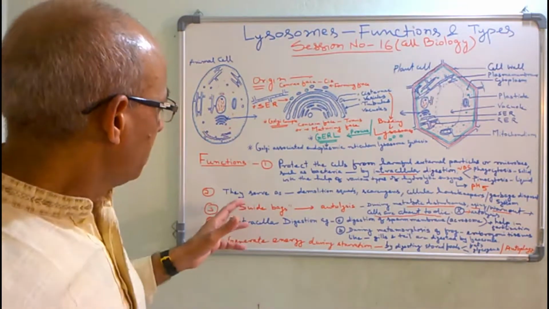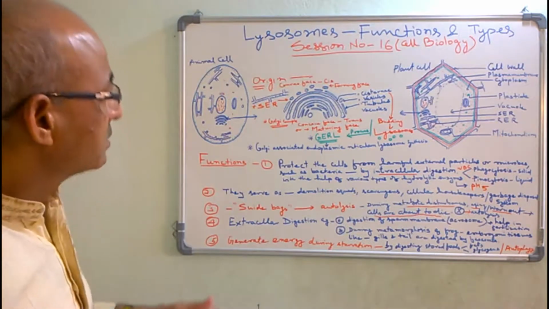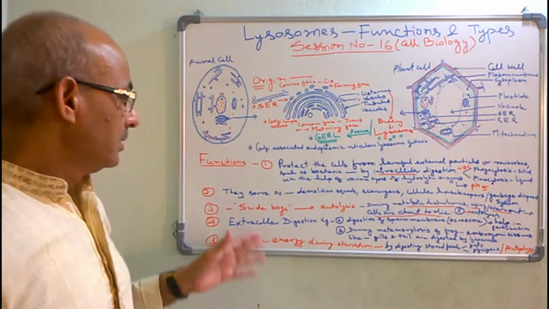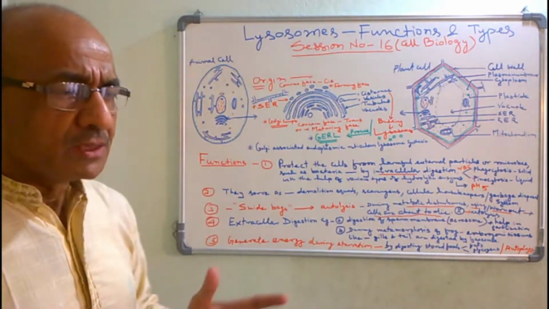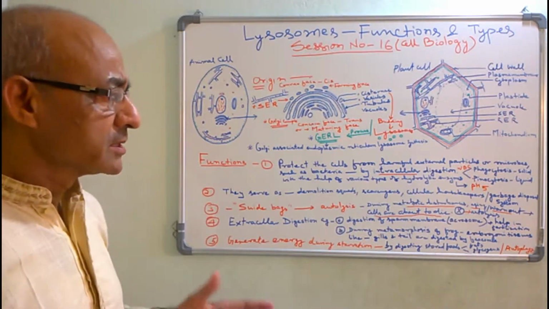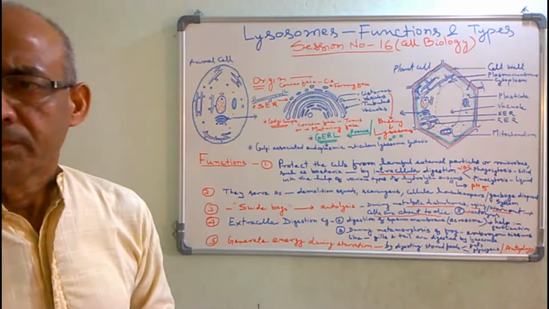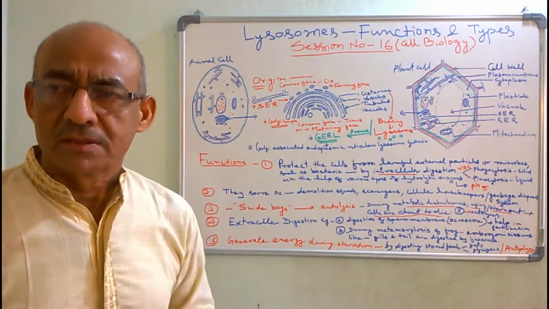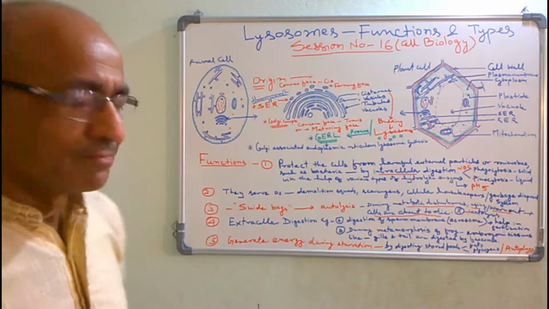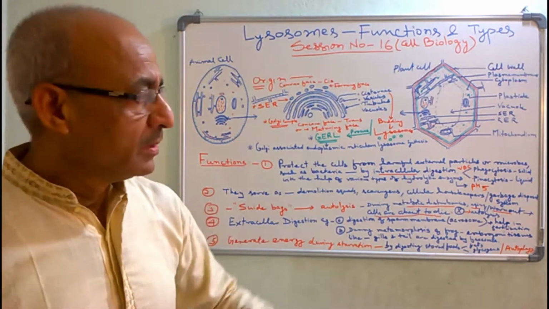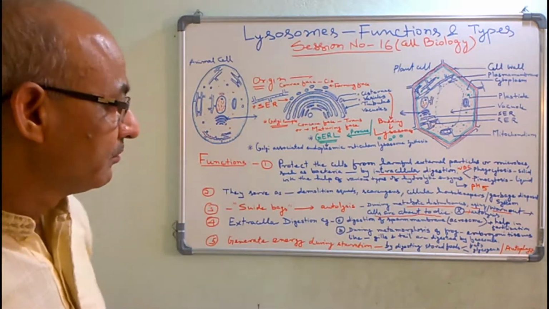Now, the second and important function of lysosome is that lysosomes serve as a garbage disposal system inside the eukaryotic cells. How they do so, we will understand here.